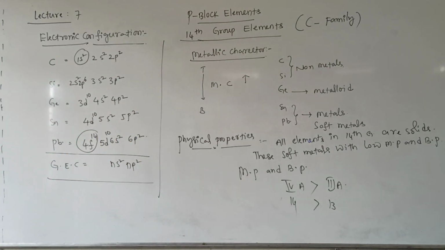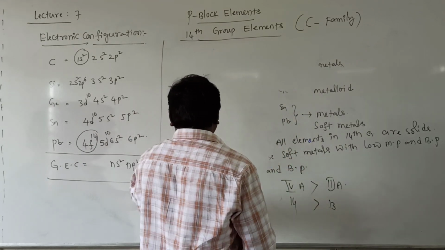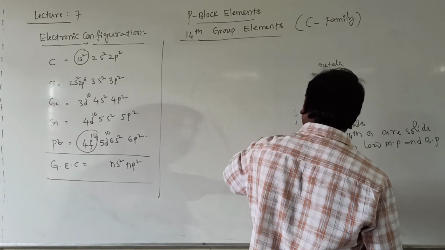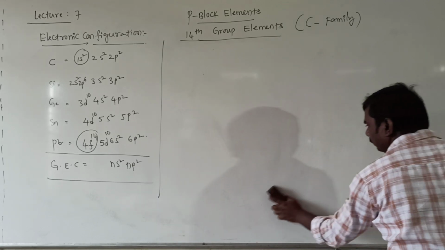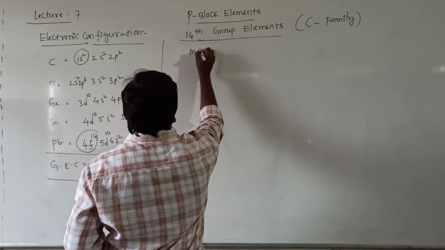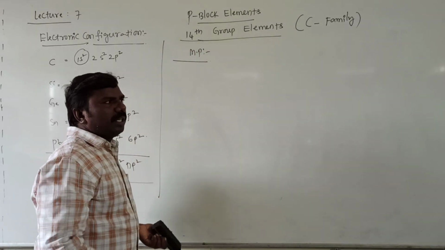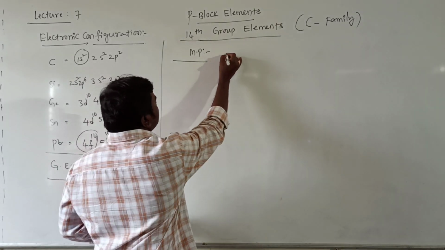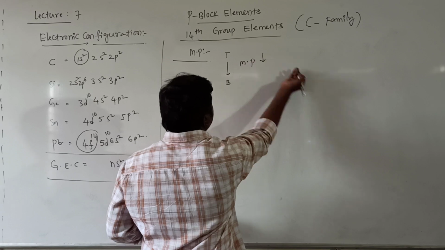Now, melting point order. Melting points of these group elements: top to bottom, melting points decrease.